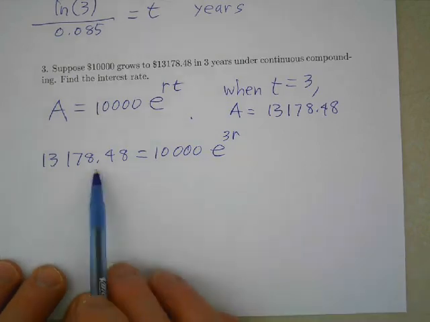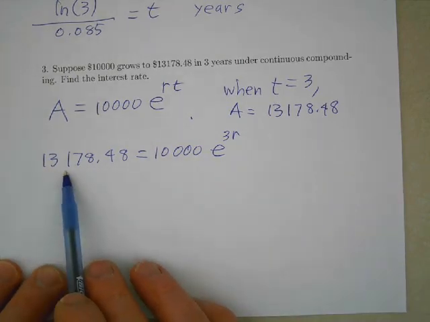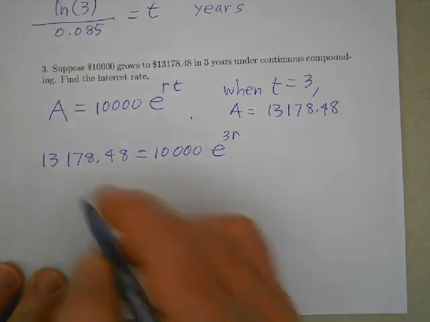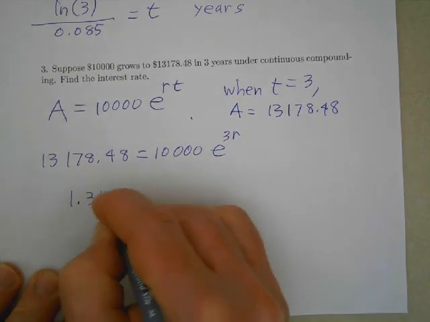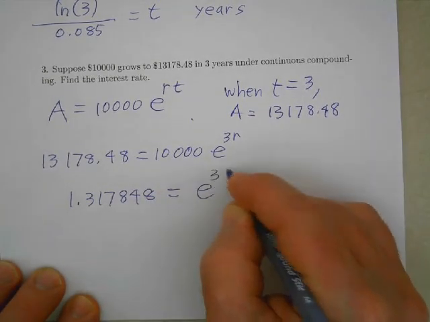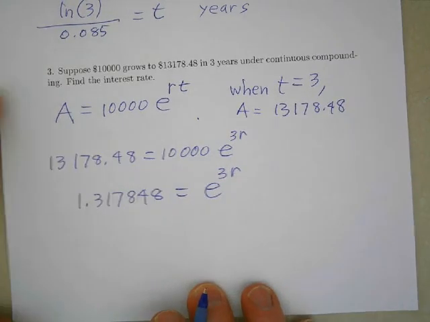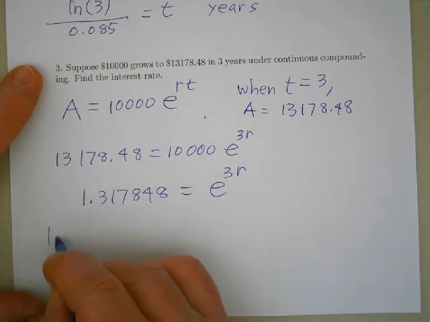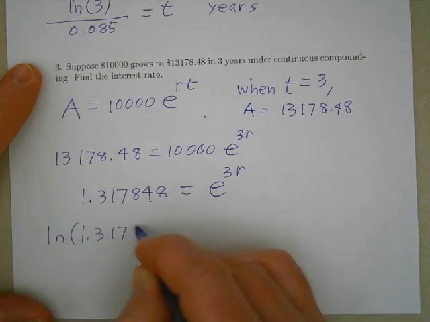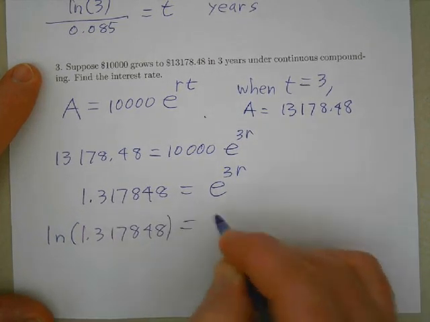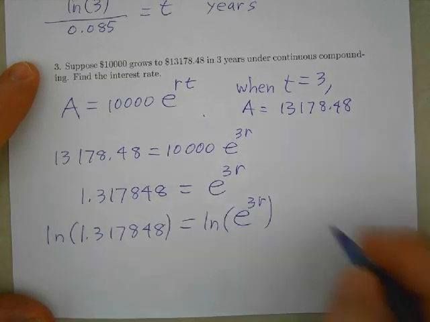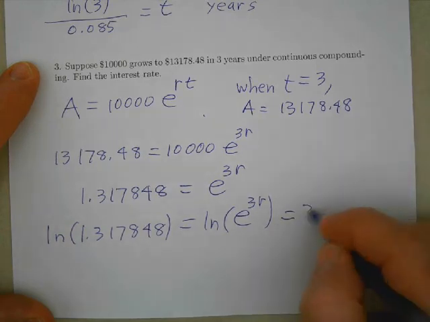And then divide both sides by 10,000. If you divide 13,178.48 by 10,000, we can just move the decimal over, so we get 1.317848 equals e to the 3r. And then take the natural log of both sides. So the natural log of 1.317848 equals the natural log of e to the 3r, but the natural log of e to the 3r is just 3r.